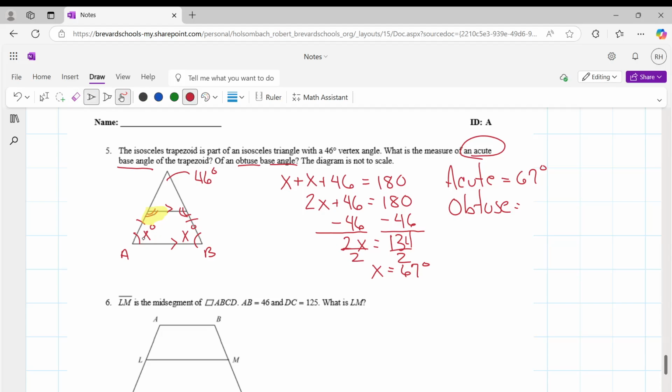Those two angles are supplementary. The angle we just found, the 67 degrees, and the angle we're looking for are supplementary. So the obtuse angle is going to be equal to 180 minus 67. And that's 113.